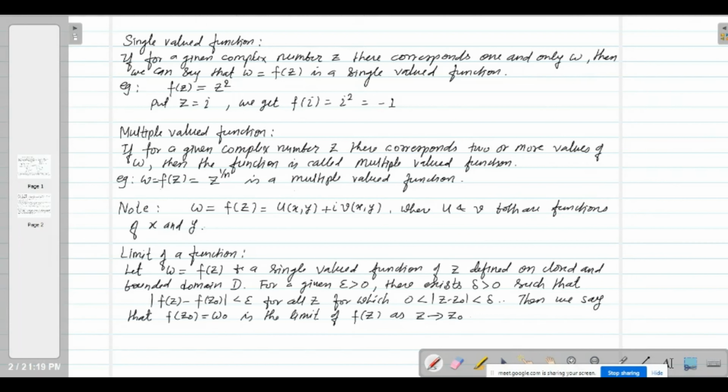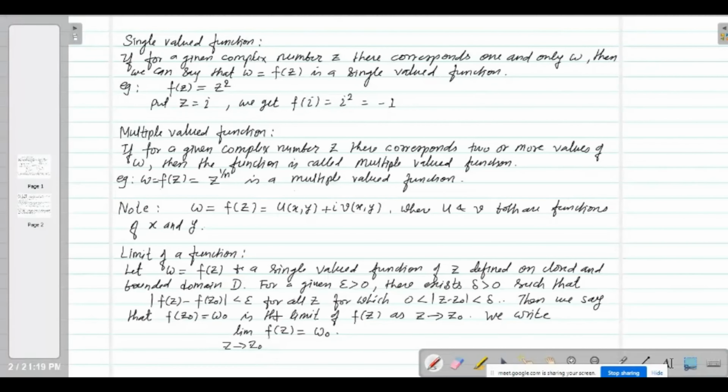And we write limit z tending to z naught f of z equal to omega naught. So this is the definition of a limit of a function.